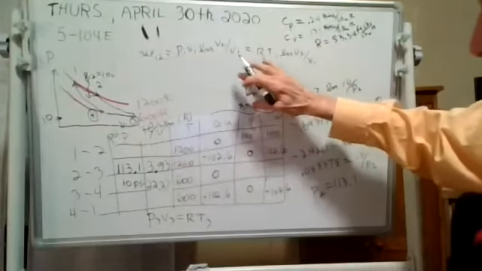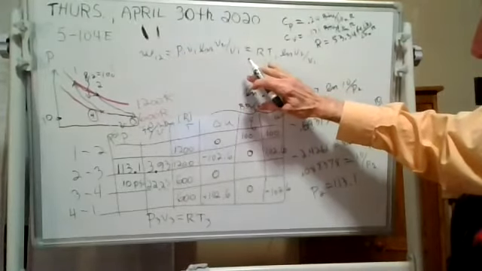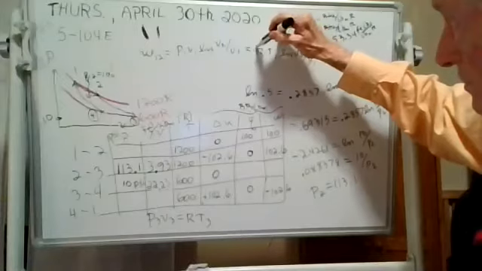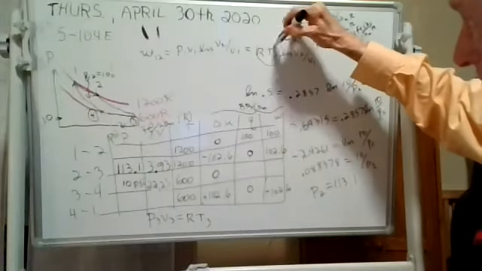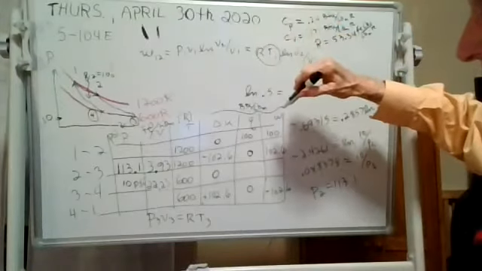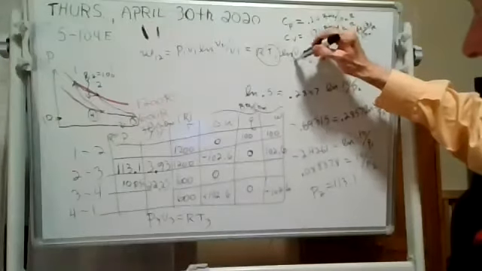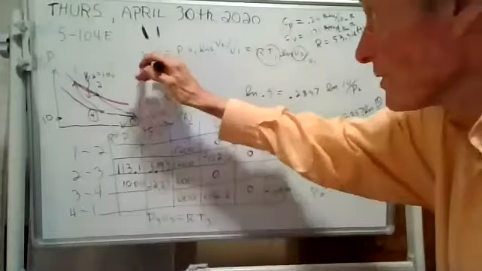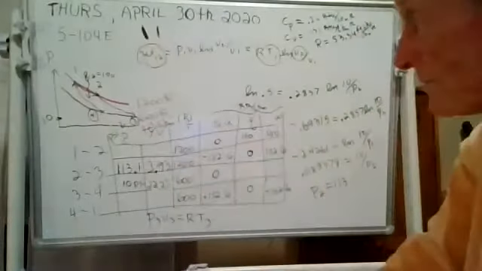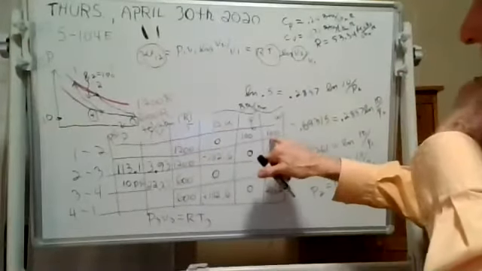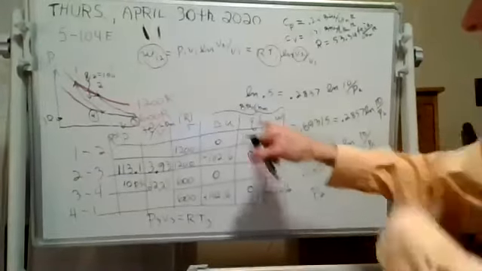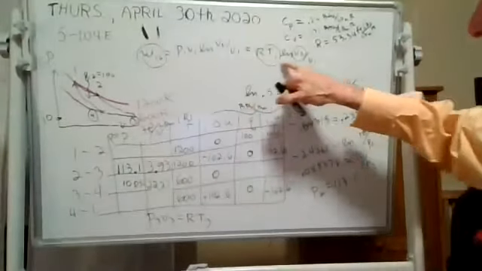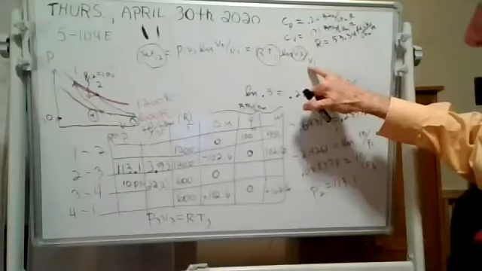P1V1 is equal to RT1. Now we do know R and we do know T1, don't we? And we do know V2, don't we? And we do know the work from 1 to 2. Hey, look, we have an equation here with only one unknown. See it?